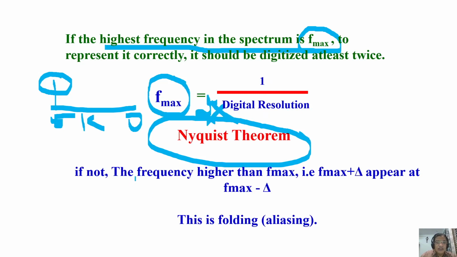If not, a frequency higher than F maximum, that is, if I have a frequency beyond 5000, let us say at 6000, 1000 hertz more than maximum, F plus delta appears as F minus delta. Remember, don't get confused in the Nyquist theorem. The highest frequency in the spectrum should be digitized at least twice so that the frequency can be represented.